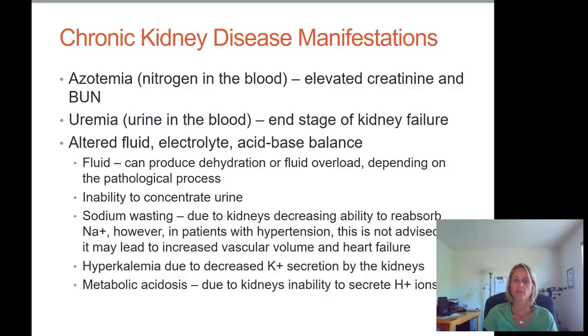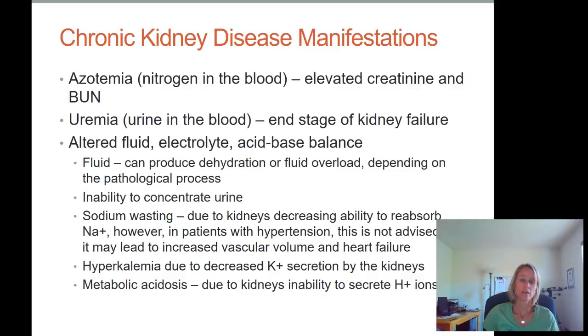Azotemia, this is nitrogen in the blood, so we see elevated creatinine and BUN. Uremia, that refers to urine in the blood, and this is when we are in end-stage kidney failure. We have uremia. Altered fluid, electrolyte, and acid-base balance. So this fluid alteration can produce dehydration or fluid overload depending on what's going on.